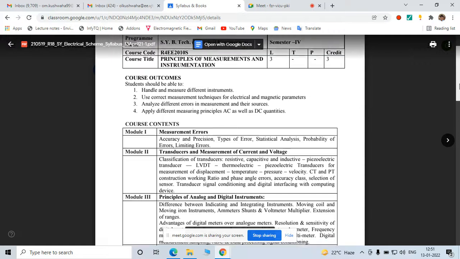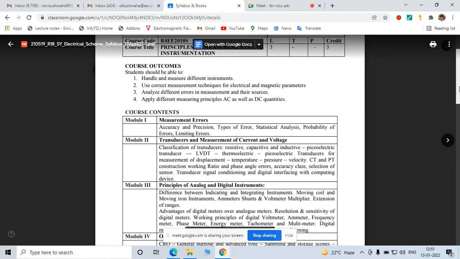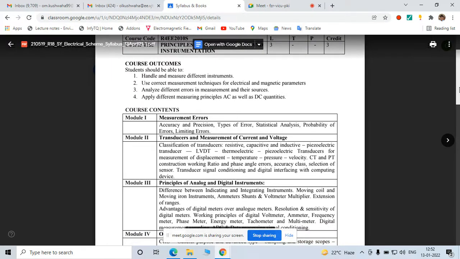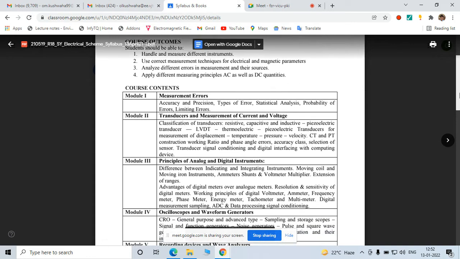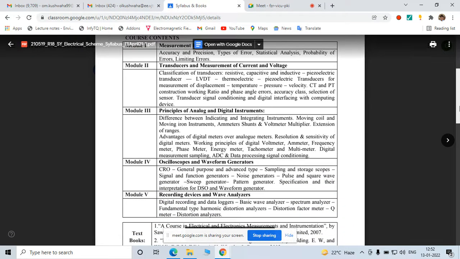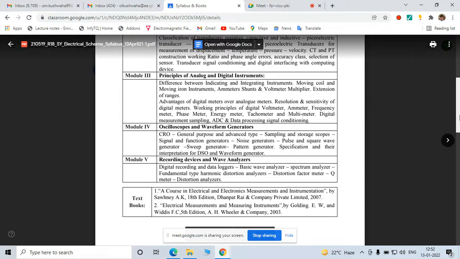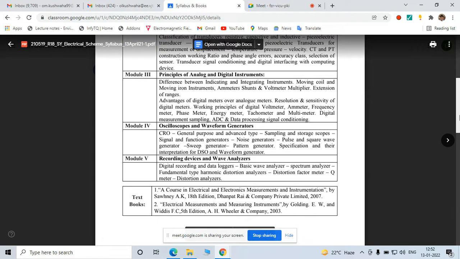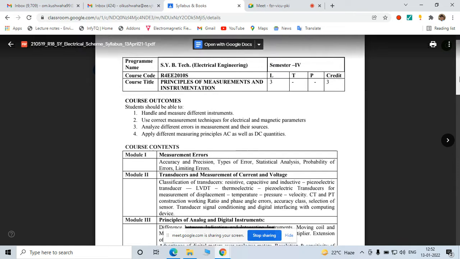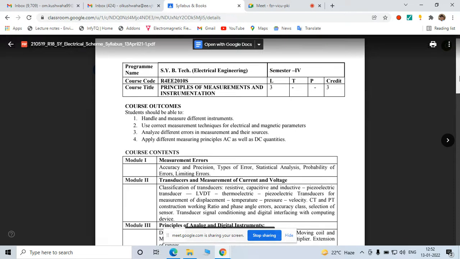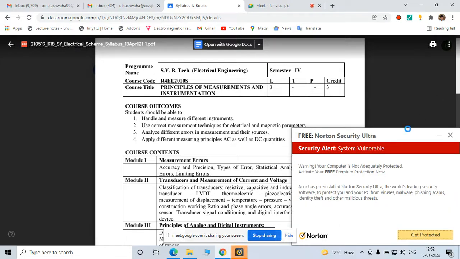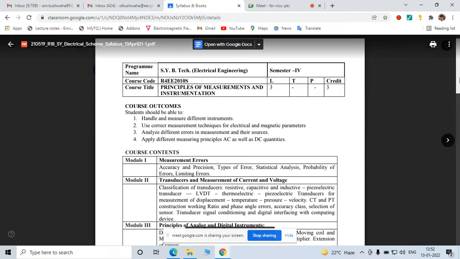First is measuring error. Second is transducers and measurement of current and voltages. Third is principles of analog and digital instruments. Fourth is oscilloscope and waveform generator. Fifth is recording device and wave analyzer. In all these modules you have to understand how to use those devices in your practical applications.